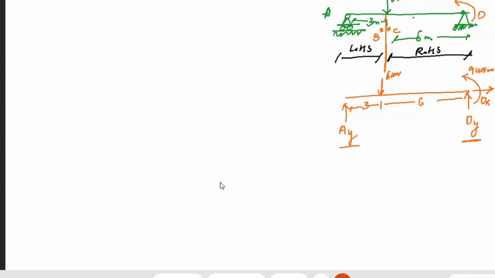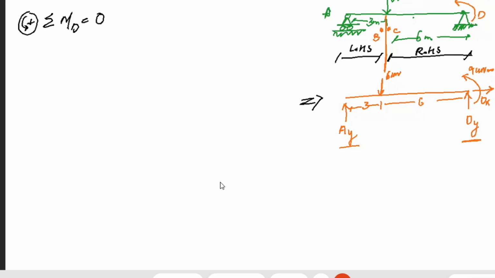In order to calculate the reactions of this free body diagram now, I'll take summation of moment at, let's say, D is equal to 0, and taking again anti-clockwise positive. The sign notation is anti-clockwise positive.